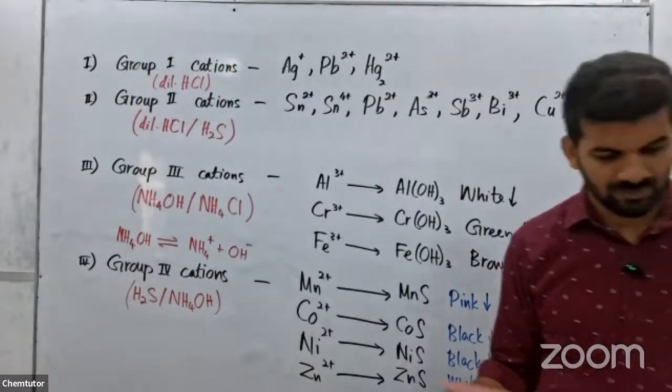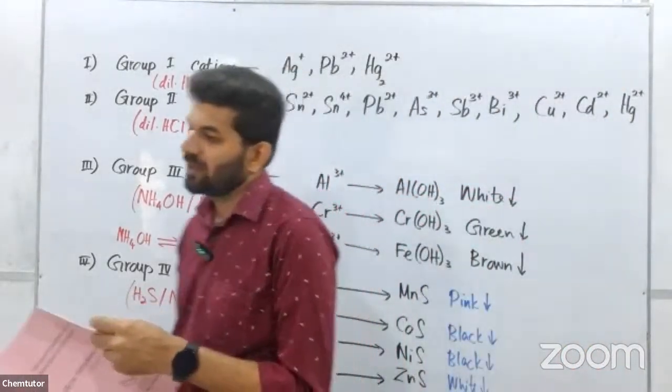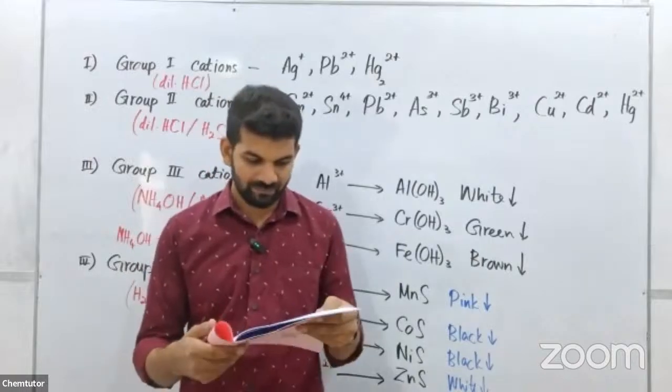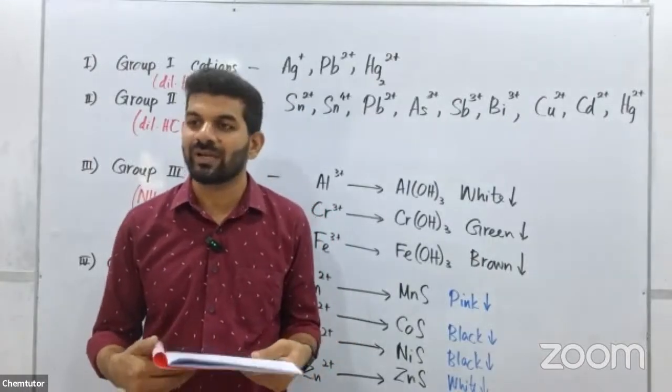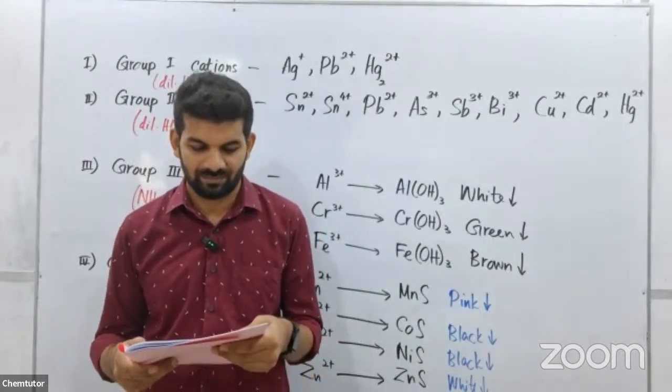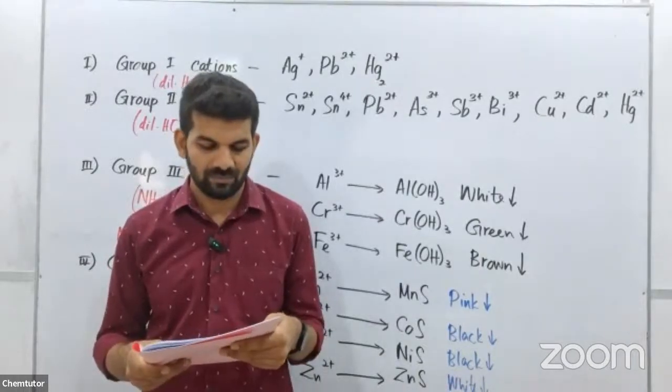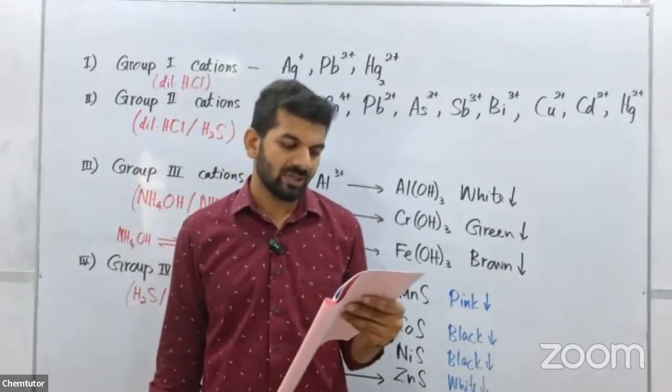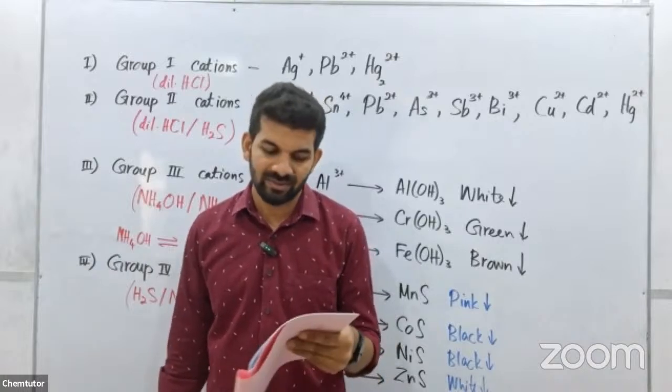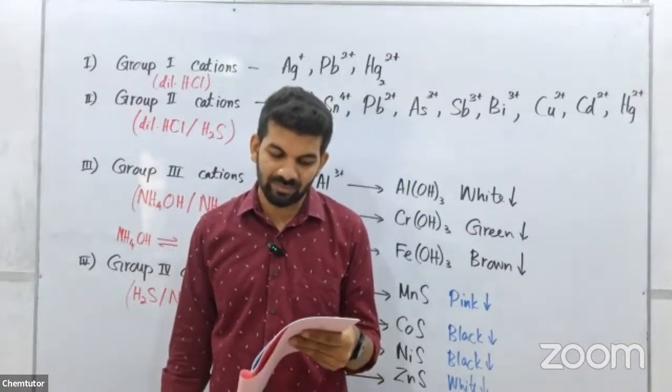Right. Question number 15. Now it's your time. You can try that question. Find the metals X and Y that make the Z alloy.